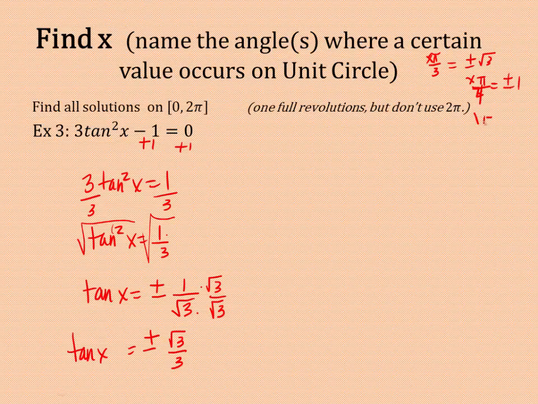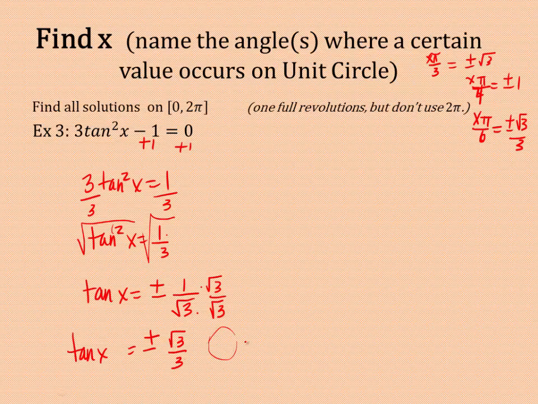If it's a pi over 6 angle, the tangent will be plus or minus square root of 3 over 3. So using that little trick, I'm going to list all the angles that have 6 in the denominator, and those angles have a tangent that is either positive or negative square root of 3 over 3.